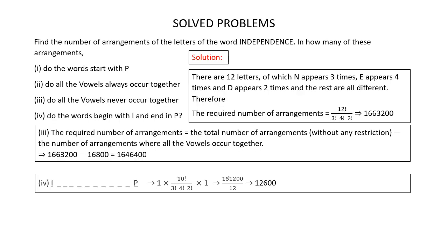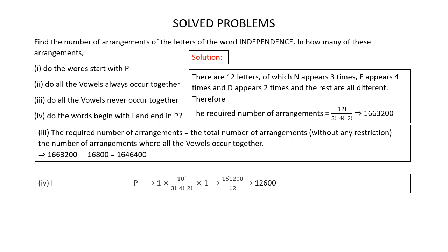Now let's find out in how many of these arrangements do all the vowels never occur together. Now, if we know the total number of arrangements of all the letters in the given word independence, and if we know the number of arrangements where all the vowels occur together, then the difference of these two will give us the number of arrangements where all the vowels never occur together.